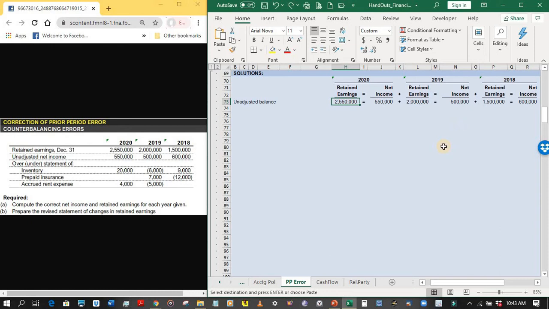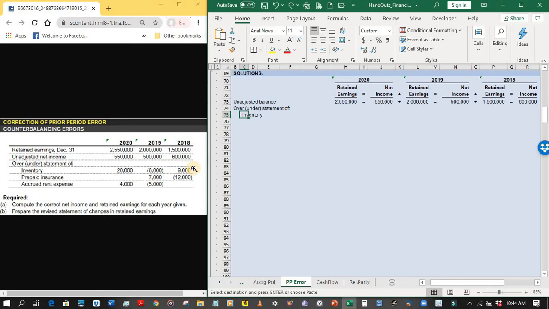So now let us start the analysis of the effects of the prior period errors, starting with the overstatement of inventory. So based on the problem, in 2018, inventory is overstated by 9,000 pesos. So which means that the ending inventory that appeared in the statement of financial position in 2018 is overstated, as well as the ending inventory that is used in the computation of cost of goods sold in 2018 is also overstated.